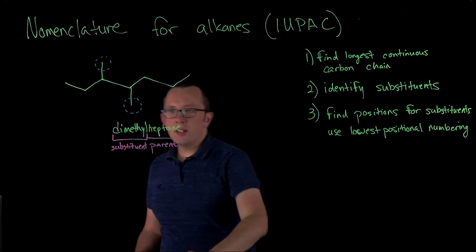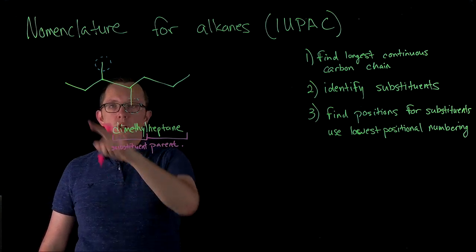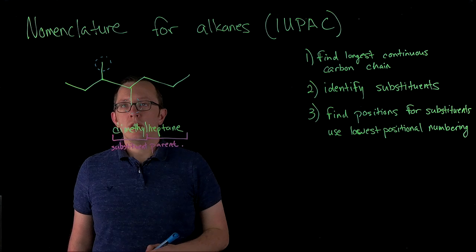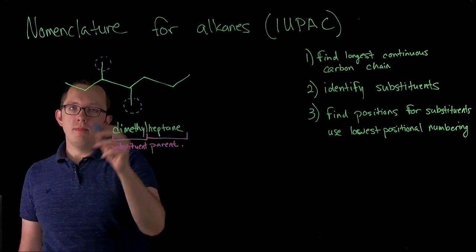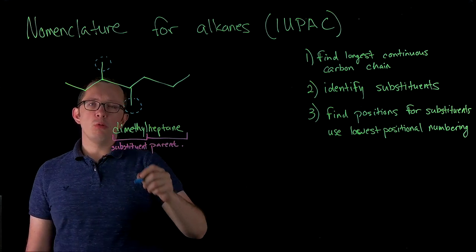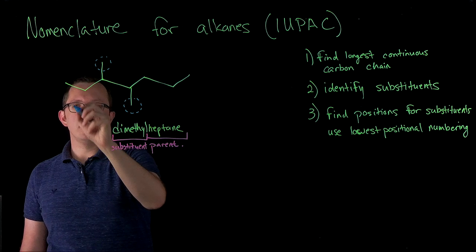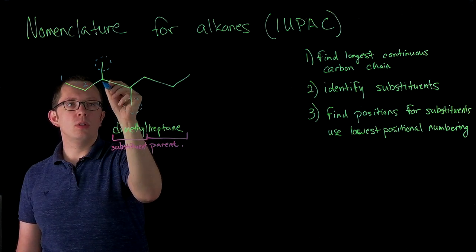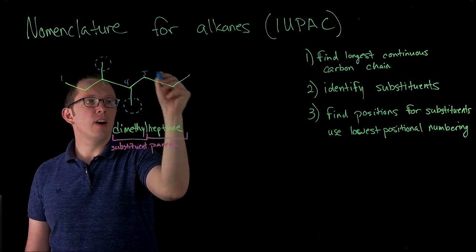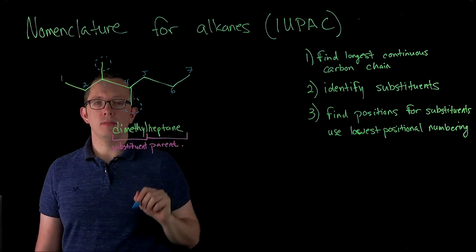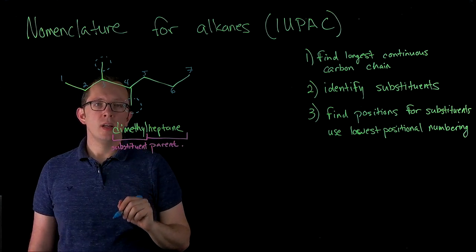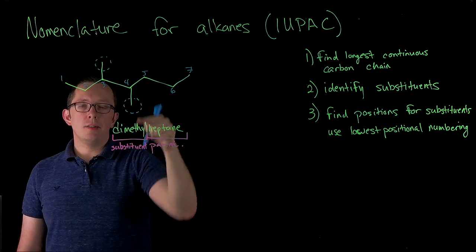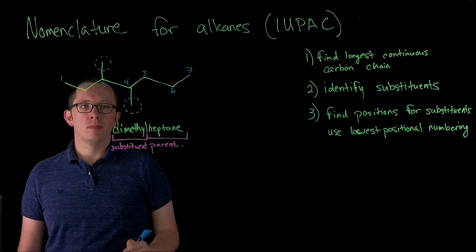Okay, so in this case, we're going to look at our heptane molecule, and we're going to number our carbons. So we're going to start from the left side. Doesn't matter left or right in this case, but we're going to start with the left for this example. We're going to number these 1, 2, 3, 4, 5, 6, 7. Okay, so in this case, our methyl groups are at the 3 and 4 positions in our molecule.